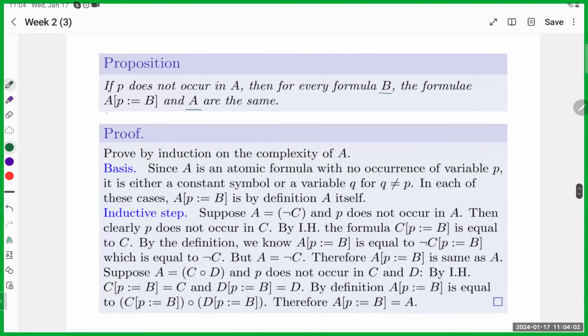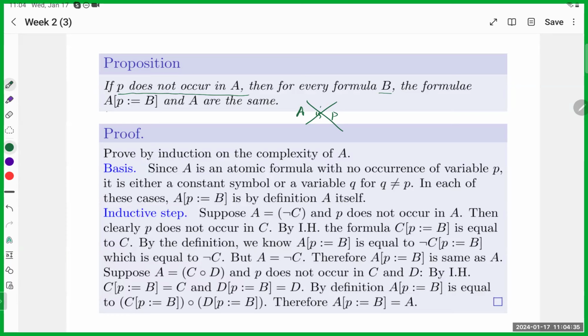then an atomic formula is either a variable or a constant number, right? Now, if A is P, then P does occur in A. But we are assuming P does not occur in A. So P cannot be P, right?